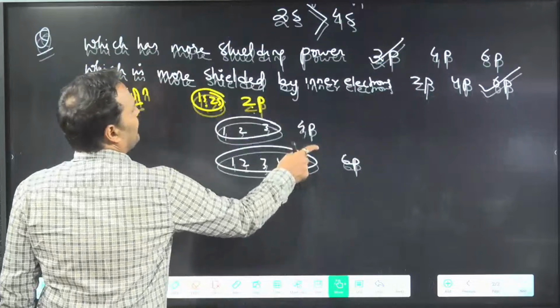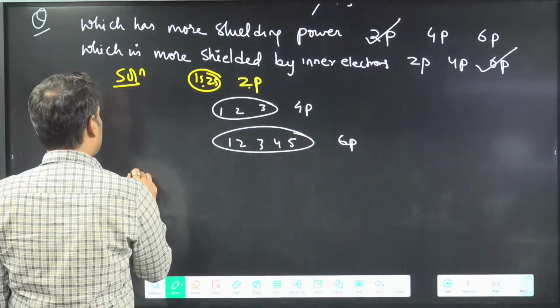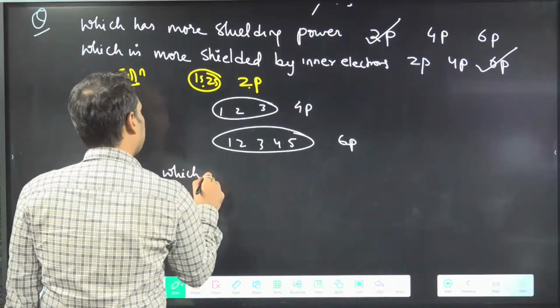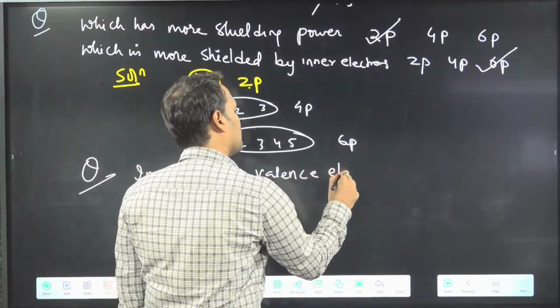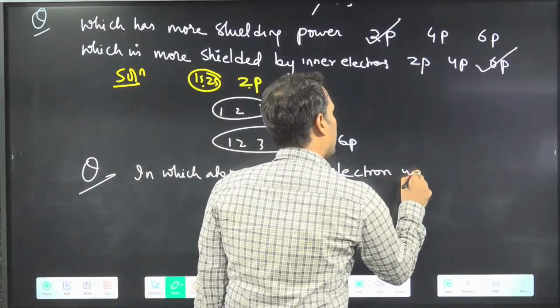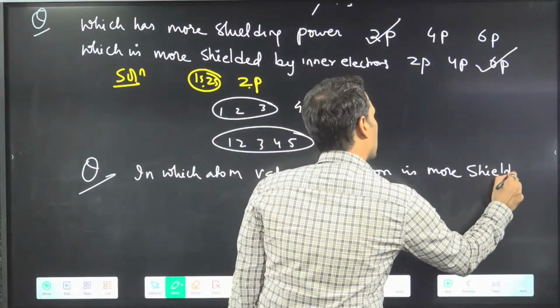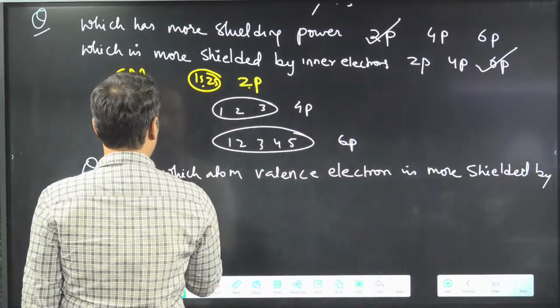Now come to the final question which they ask, which is in your material. They have asked like this: in which atom is the valence electron more shielded by inner electrons?